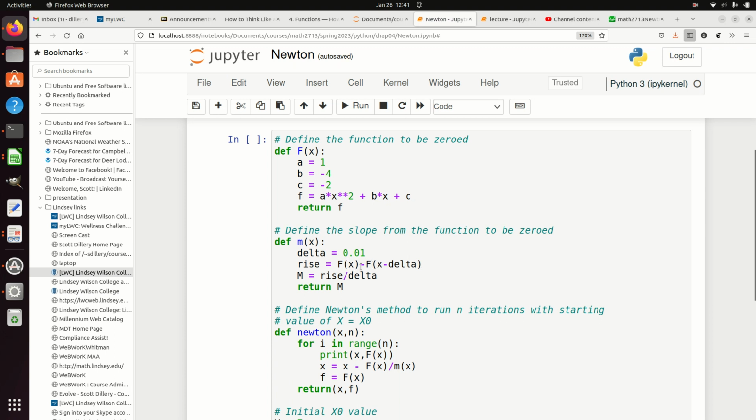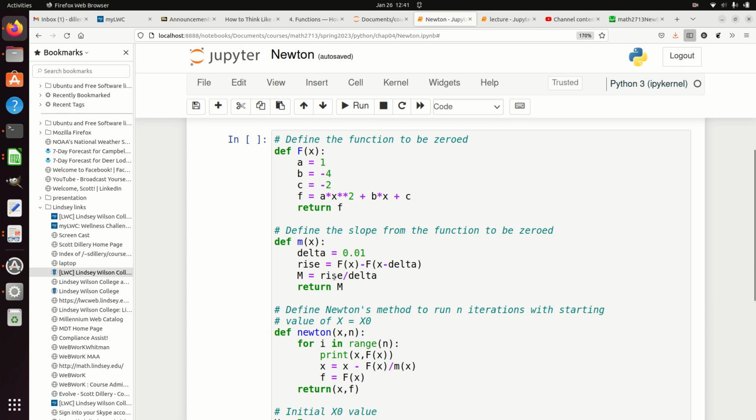It determines the slope there. So we're going to use a delta x really, of 0.01, and we're going to look at x and then x minus that 0.01. And so we'll get the rise over the run, but the run's just delta, so we'll get the slope here, rise over delta.